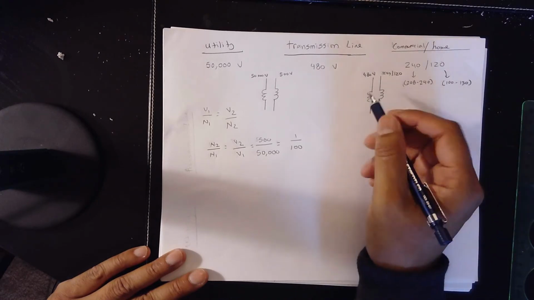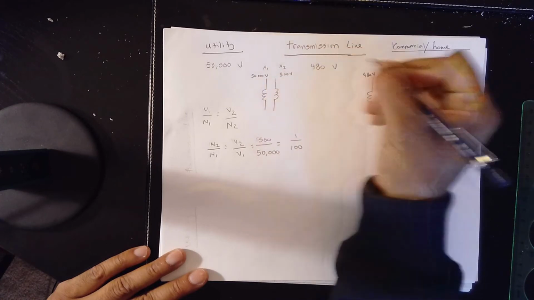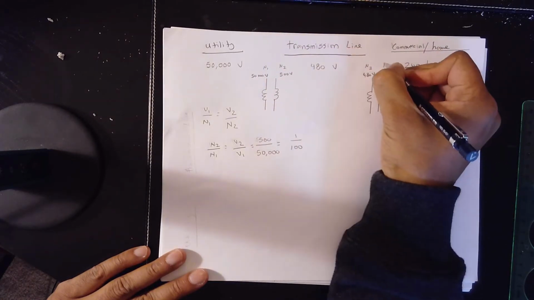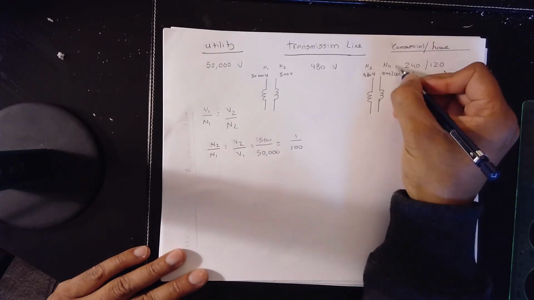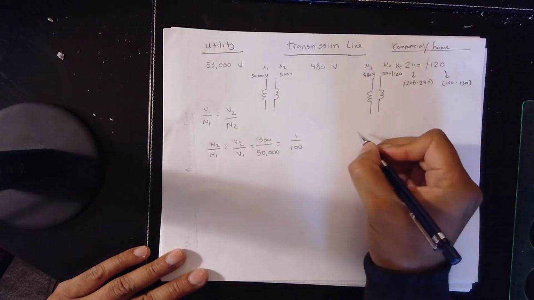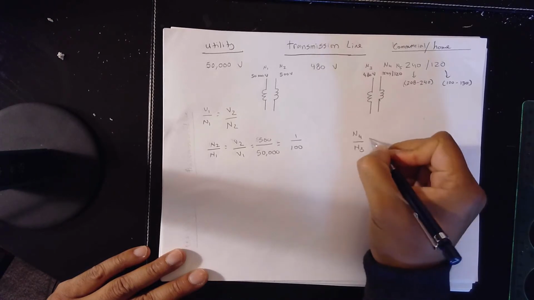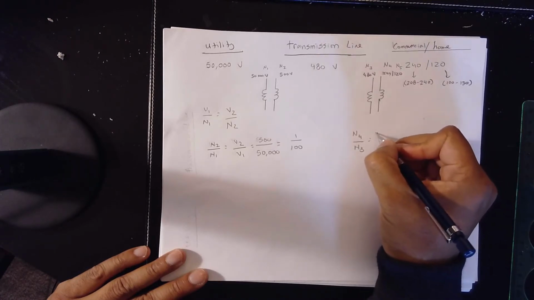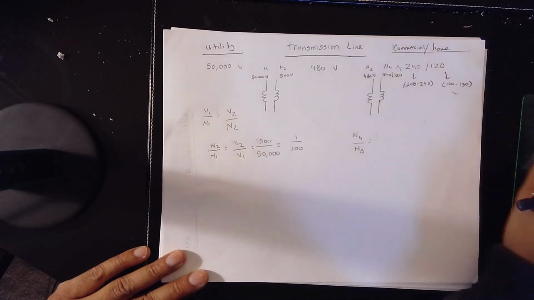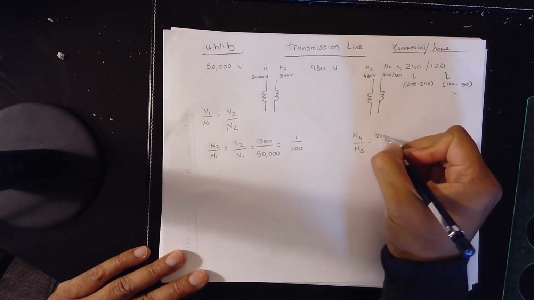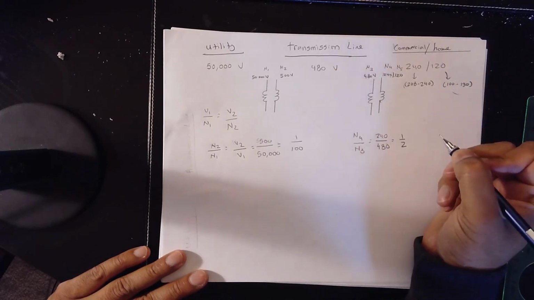Let's do this one. Let's call this N1, N2, N3, N4, right? And let's just call this N5 for whatever reason, right? So N4 over N3 is what? 240 over 480 gives us what? 1/2.